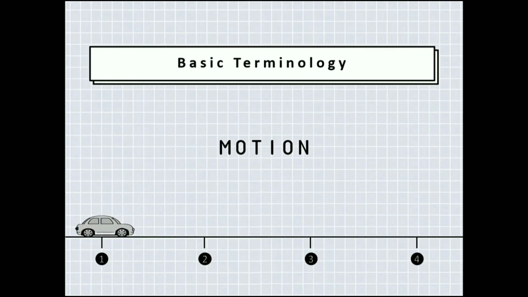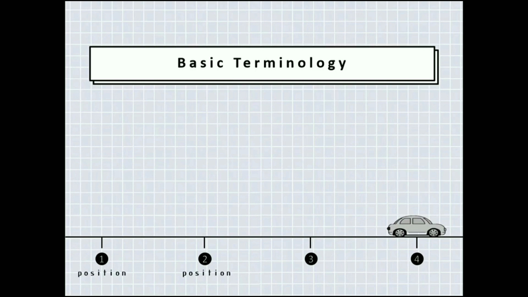Consider a car which is moving at different points. The motion of the car represents the continual change in an object position. These points determine the position of the car. Particles are like objects that have mass but infinitesimal in size.